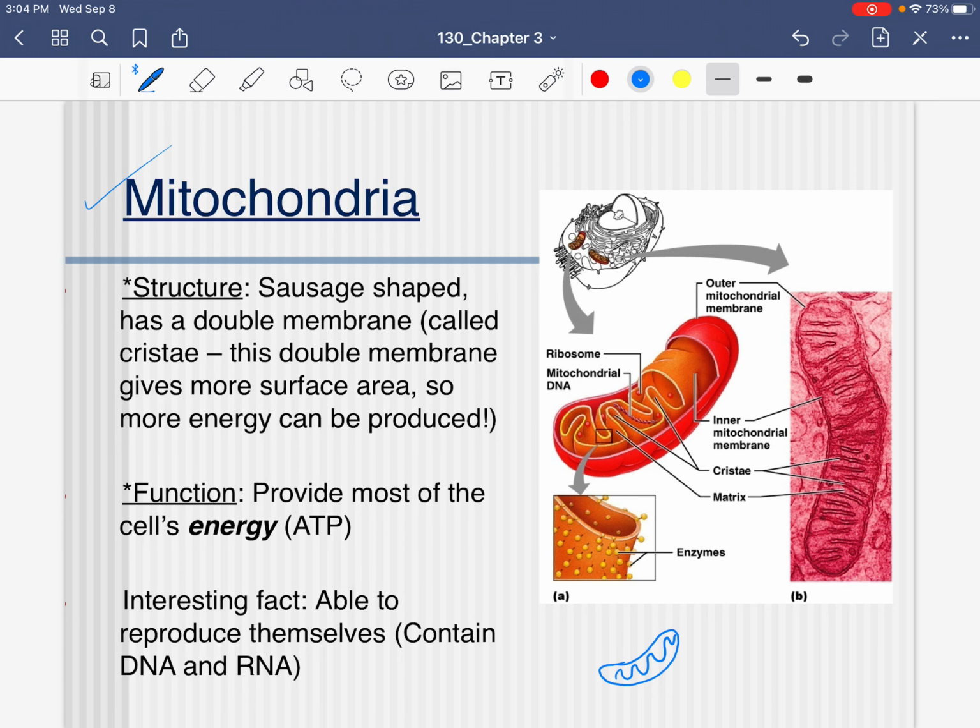And the importance of this is that it provides more surface area. We're going to see this trend over and over and over again. More surface area means that there's more of an area to be able to do whatever job it has to do. So the mitochondria, it is sausage-shaped, and it has an inner membrane. So collectively, we have the outer membrane, plasma membrane, plus we have the inner membrane, so we have a double membrane, which gives more surface area.